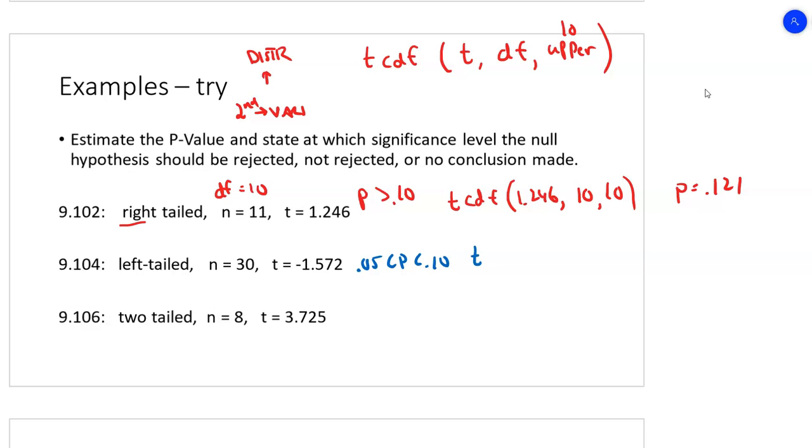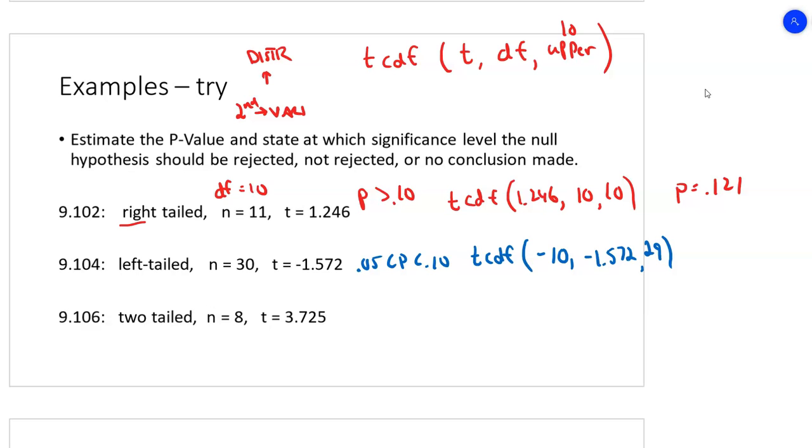Well, this time, it's a left-tailed test. So for my left number of standard deviations, I'm going to put in negative 10. The t-score then is negative 1.572, and the degrees of freedom are 29, right? One less than the number of items in the set. All right, so 2nd VARS, I have my tcdf.